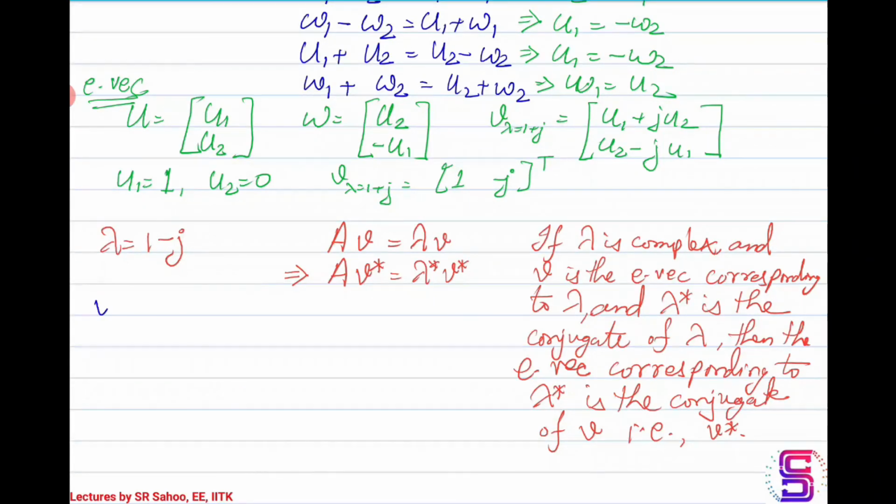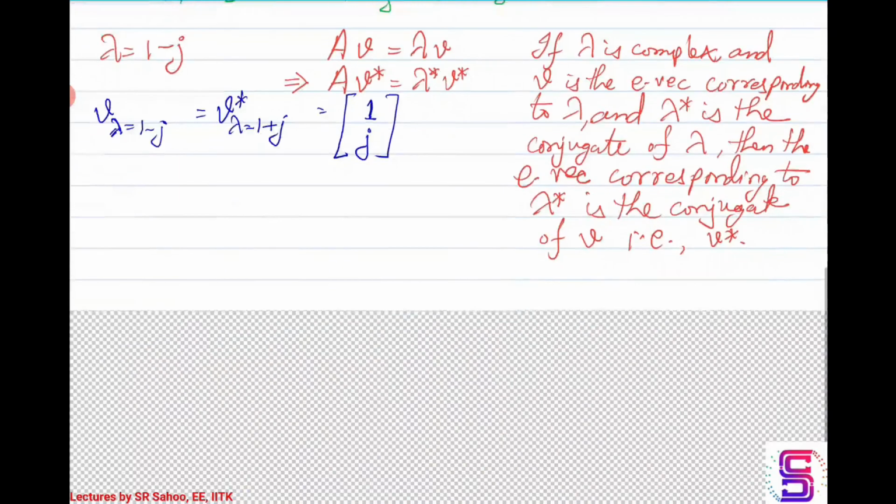So the eigenvector v corresponding to the eigenvalue 1 minus j is just a conjugate of the eigenvector corresponding to the eigenvalue 1 plus j. So in our case, it will be 1 and j. You have your eigenvector.